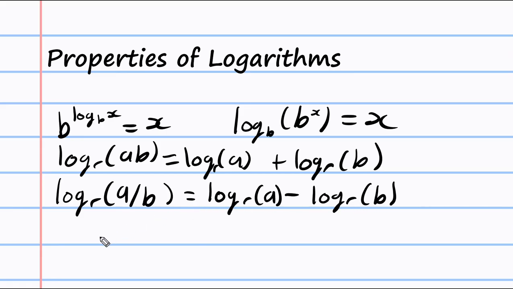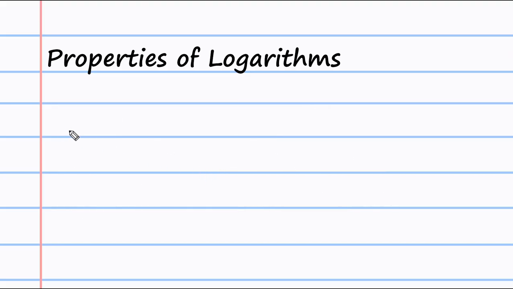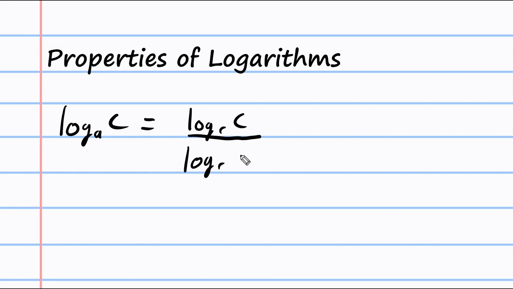And so these are the four identities that I'm able to fit on the screen, but I'm going to clear out my screen, all right? And the fifth identity that I want to talk about is the change of base identity. So if I have a logarithm, log base a of c, I can rewrite that as log base r of c, where r is just a different number, divided by log base r of a.